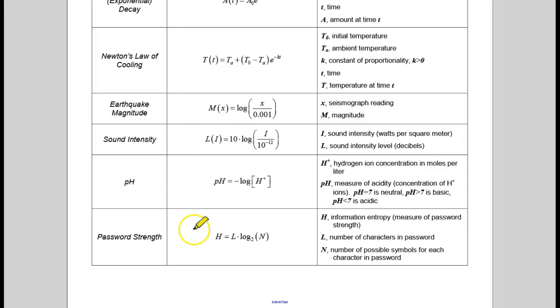Again, all of these formulas, if you take a look at them, we've moved out of the realm of exponential functions and into the realm of logarithmic functions. So these are going to be different types of application problems. Exponential functions, logarithmic functions, different applications. Let's go with number 1.